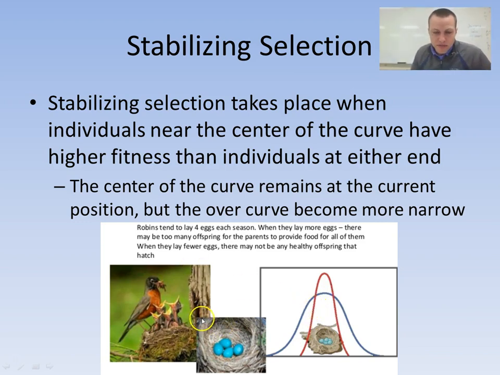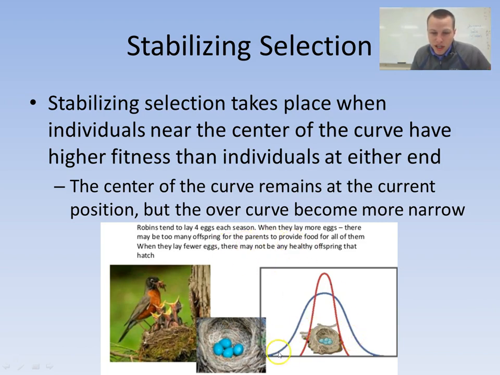Okay, so what this explains is robins. Robins tend to lay 4 eggs each season, and when they lay more, there are too many offspring and there's not enough food. So that's not really selected for. 4 or more really isn't selected for because offspring would die.